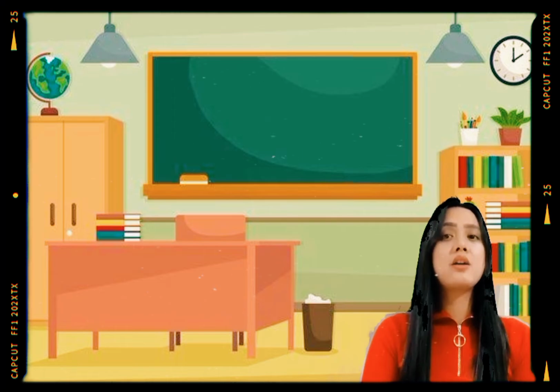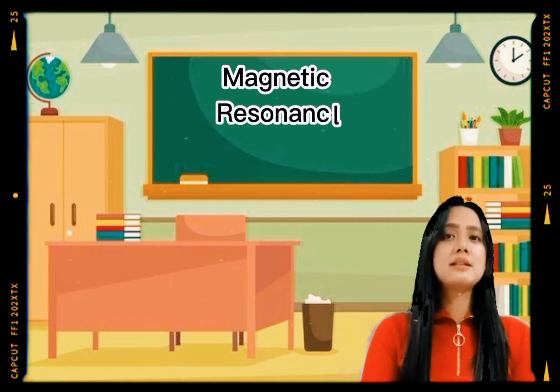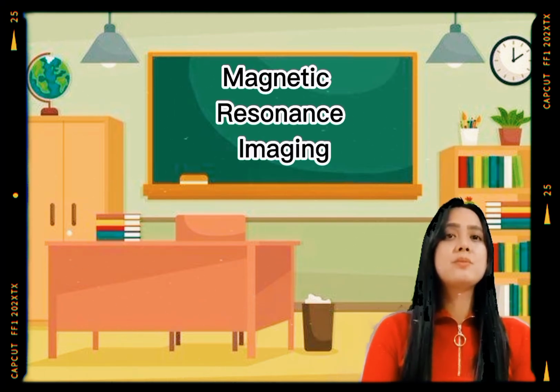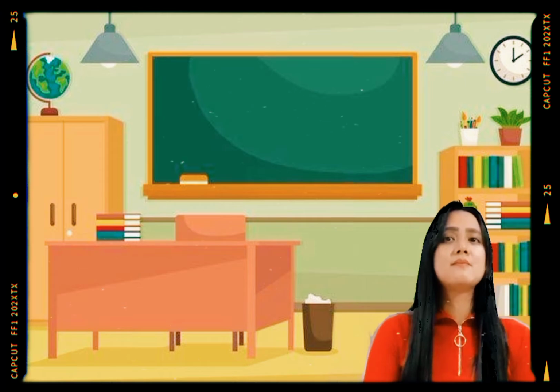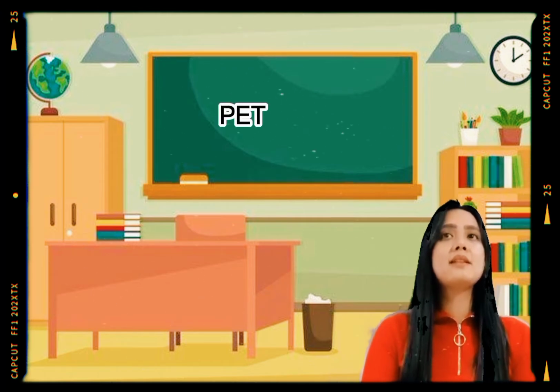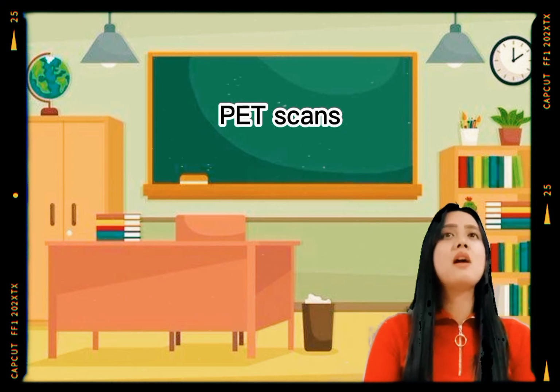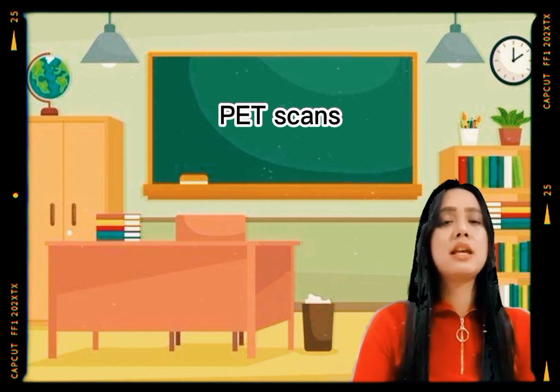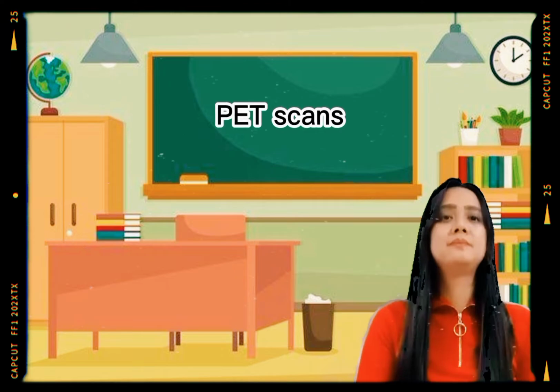The MRI or magnetic resonance imaging uses magnets and radio waves. And the PET scans use a radioactive tracer to show how an organ is functioning in real time.